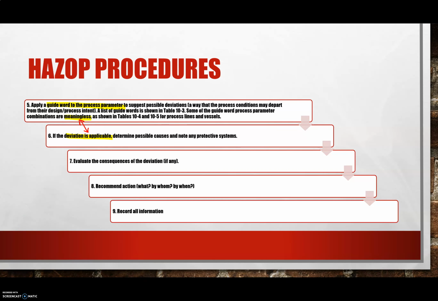You try to find out if this deviation is applicable or not. If this deviation is not applicable, automatically this combination of guide word and process parameter is meaningless. Or if you can identify earlier that a certain combination of guide word and process parameter is already meaningless, you don't have to determine whether this deviation is applicable or not.